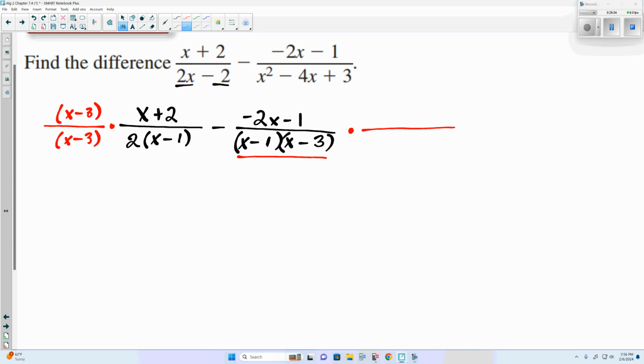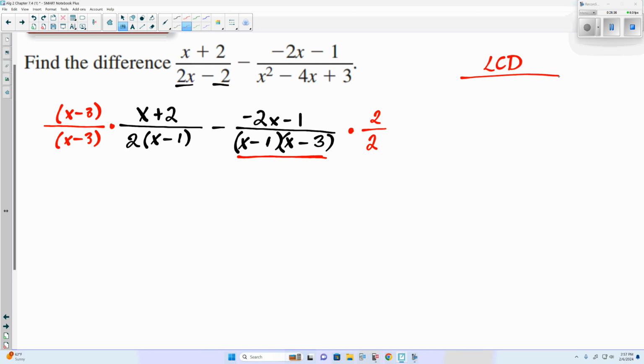Does it have anything else that the one on the left needs? The other side, yes. The one on the right needs a 2. They both have an x minus 1, yes? So that's covered. That's already the same. We don't have to do anything with it. So the only thing the one on the left is missing is an x minus 3. The one on the right is just missing a 2.